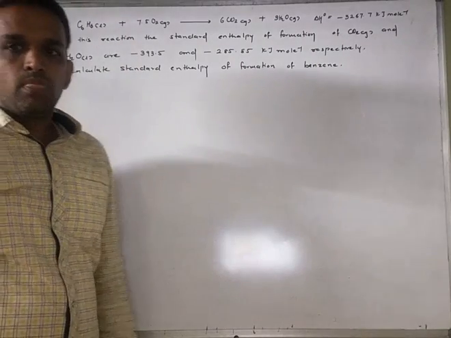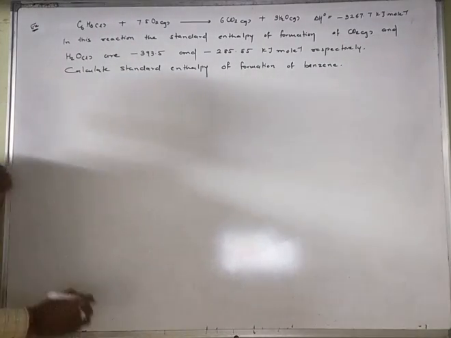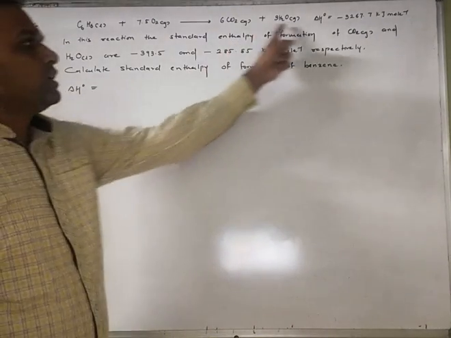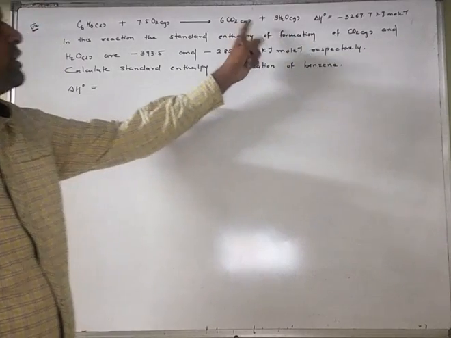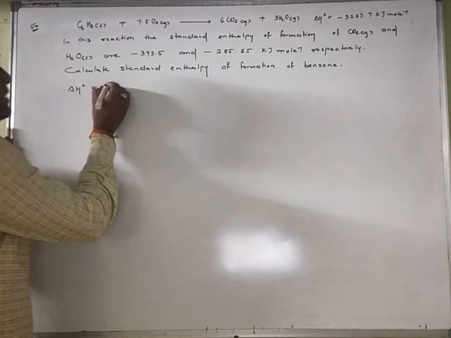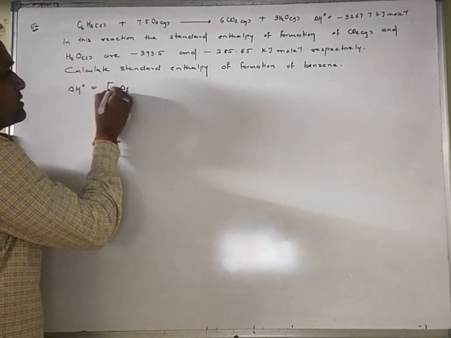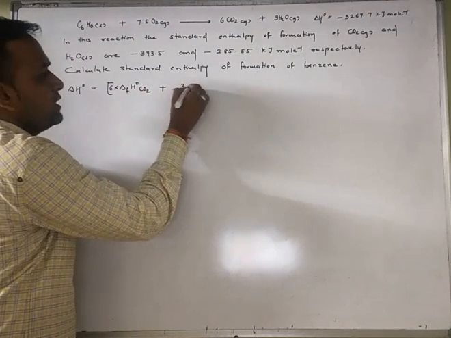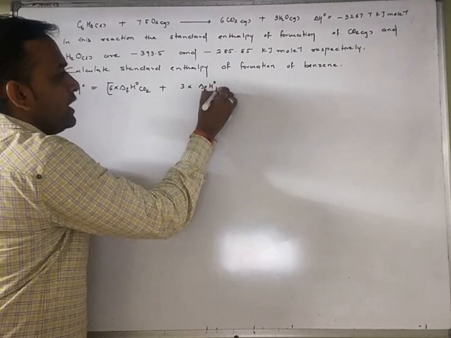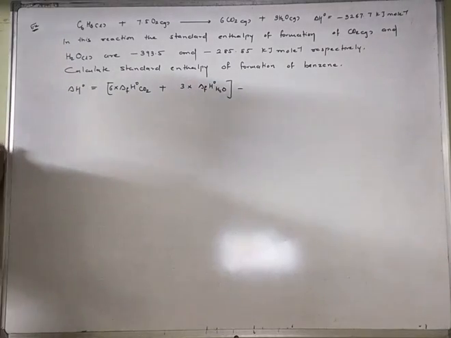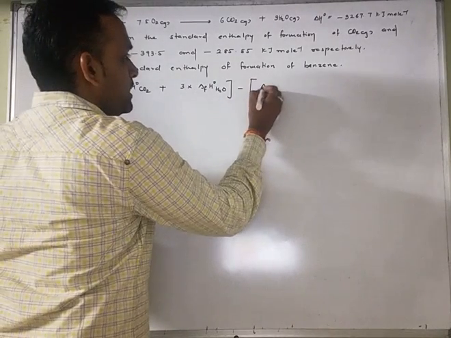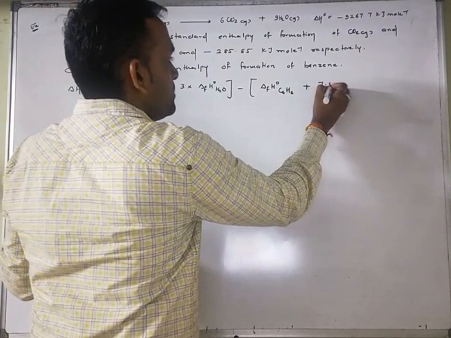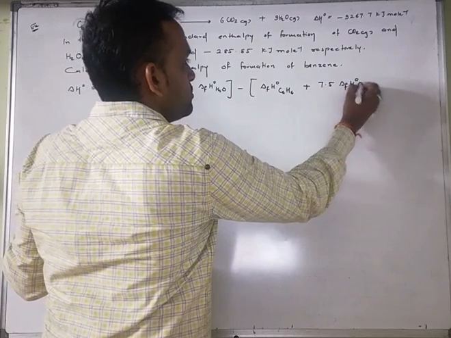Understand, right? Now let us see. First of all, what is delta H? I can write down delta H0, that is the total enthalpy of products minus reactants. So I can write here 6 into delta FH0 CO2 plus 3 into delta FH0 H2O. Understand? Minus, अब क्या आएगा रिएक्टेंट का: delta FH0 C6H6 plus 7.5 delta FH0 O2.